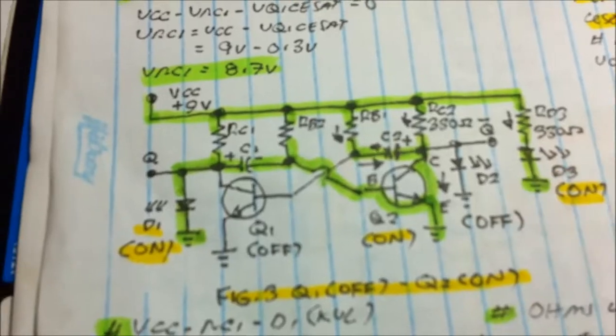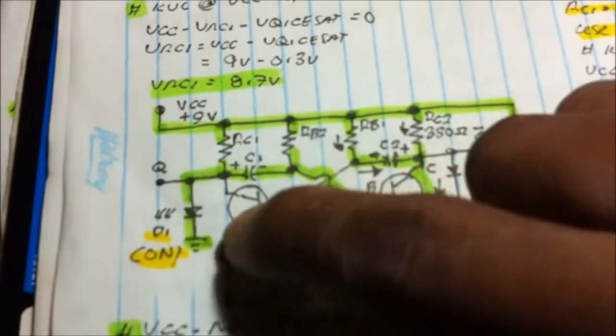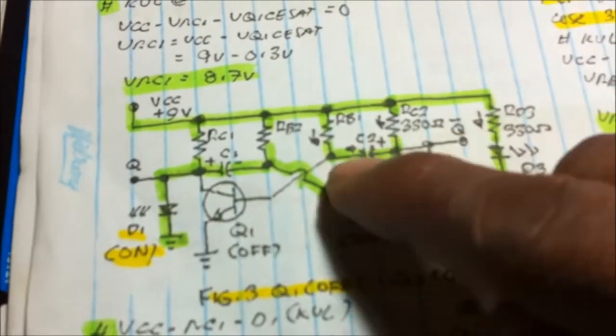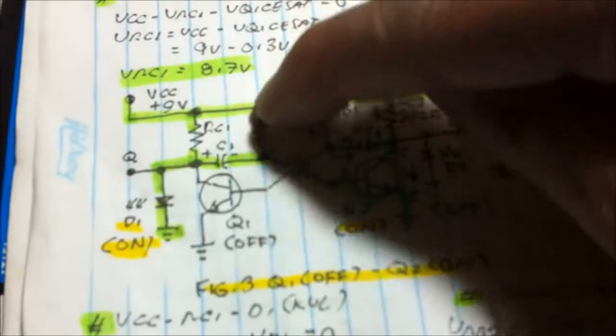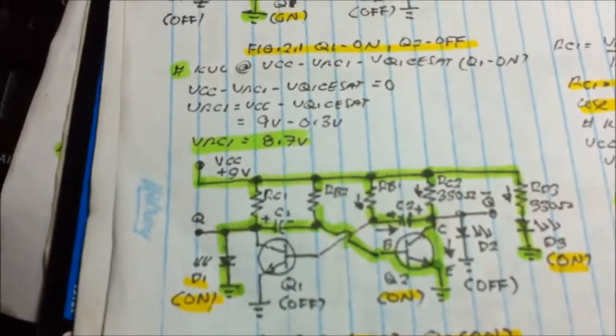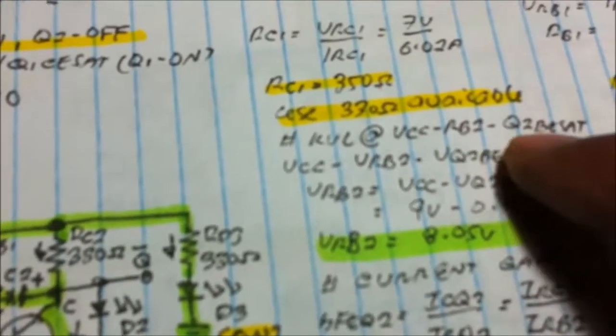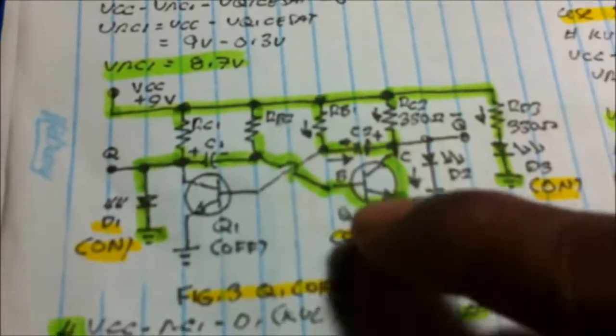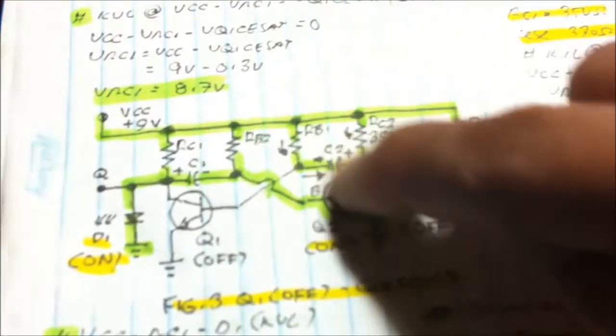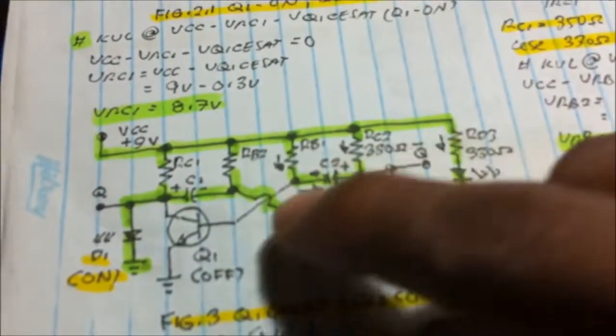Due to this state, this is saturated, this is off. Due to the negative potential again, the capacitor is charging through here, and current flows in. So now we have KVL at VCC, RB2, VBE. This makes the transistor forward biased, and the other capacitor is charging.